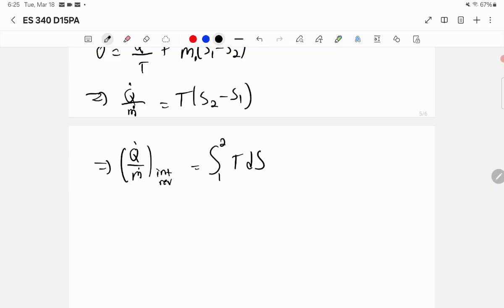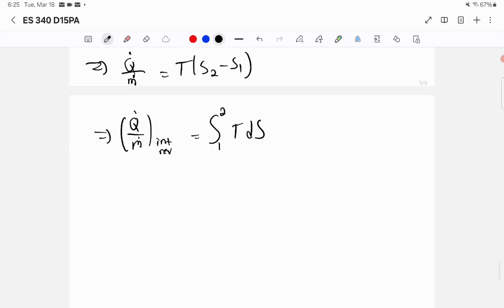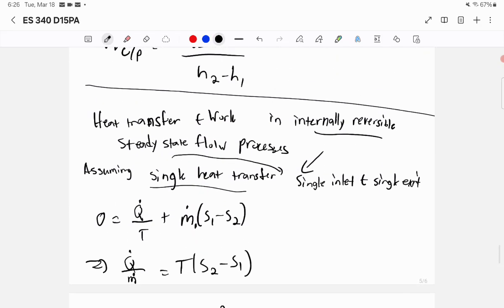And I believe we've already discussed, but on the TS diagram, you can then, of course, figure out how much heat transfer has happened by simply looking at the area under the curve. Okay, so this is an internally reversible, not isentropic, sorry, it's an internally reversible process.